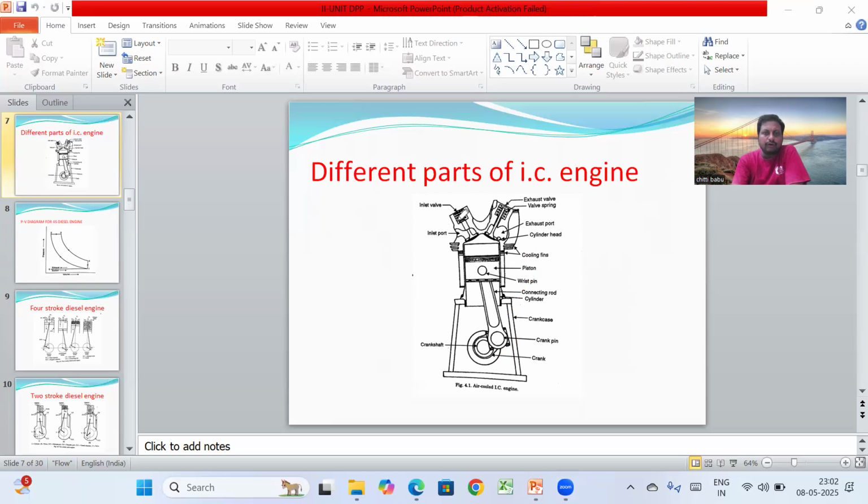We have an inlet valve and exhaust valve at the top portion. Here the combustion takes place. Combustion takes place inside of the engine cylinder.